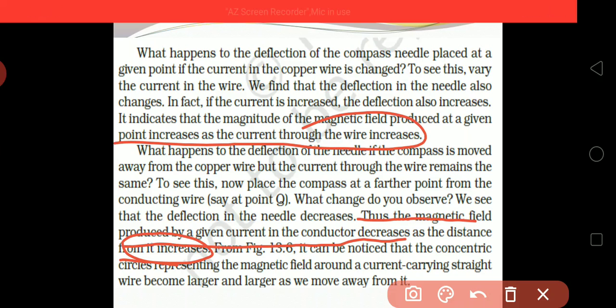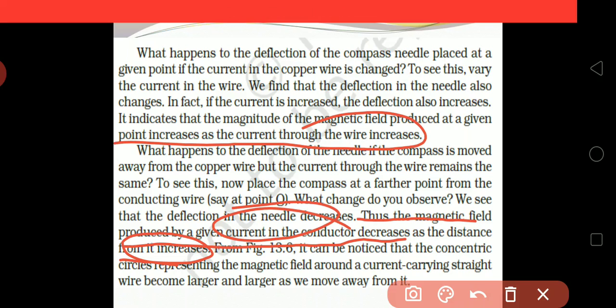The farther the compass is from the conductor, the weaker the magnetic field will be.